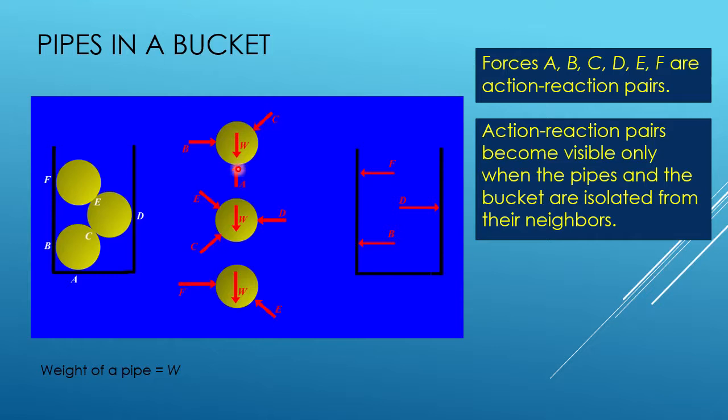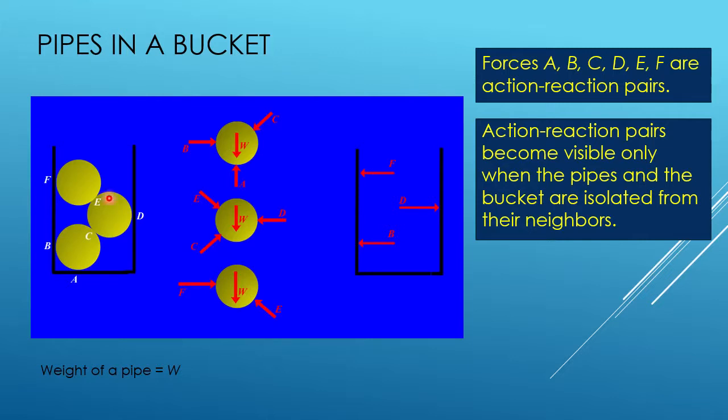Its weight is acting downward. The wall at B is pushing the object to the right. The floor at A is pushing the object upward. And at the contact C, this object is applying a force C on our first circular object.